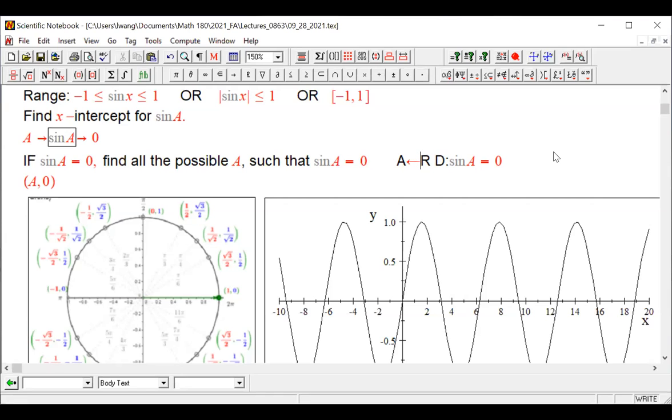There are only two kinds of questions you will ever have to deal with in your entire academic career. I don't assume you are going to go to graduate school in mathematics. You only have two types of questions: A to D, D to A. And this is D to A.